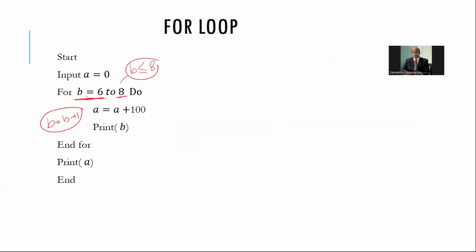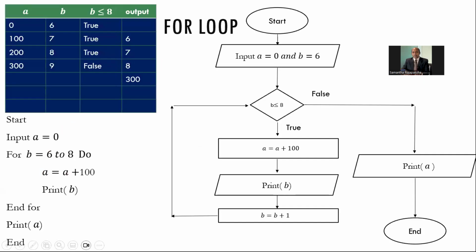And starting value. When you're drawing that, you need to have whatever the starting value, termination condition b less than or equal 8, and incrementation b equals b plus 1. Those are necessary actually. So then when you draw the flow charts, you should get the flow chart like this.